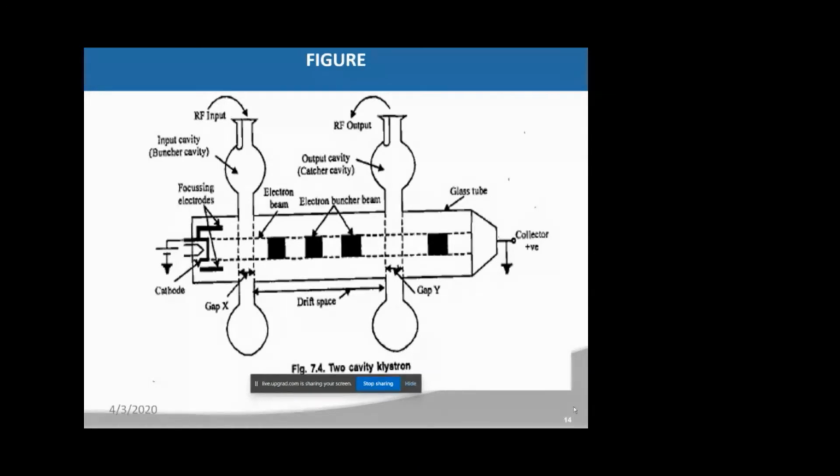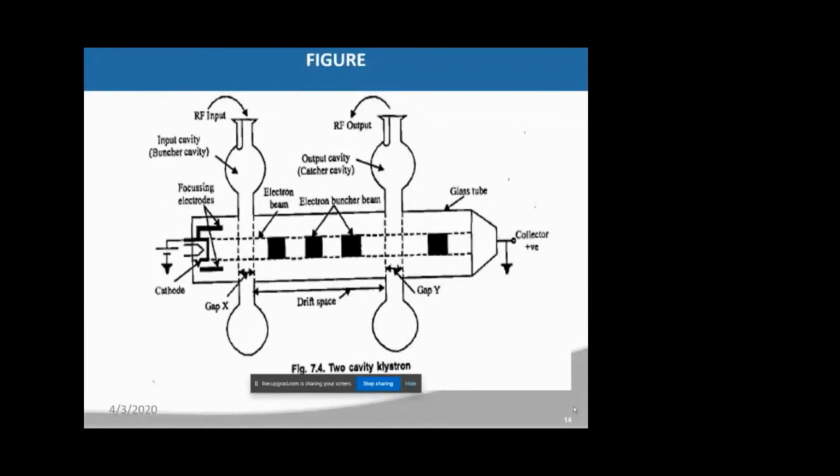That we will calculate, because, as we have just seen, when the electron leaves the gap x its velocity is changed, which is basically velocity modulation. That depends on the RF input applied, simply the amplitude of the RF signal.